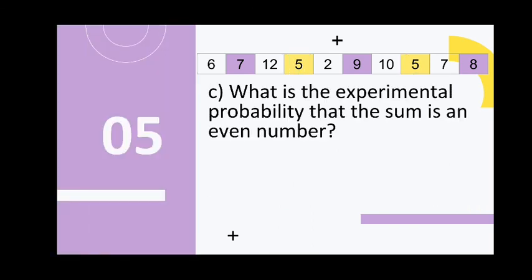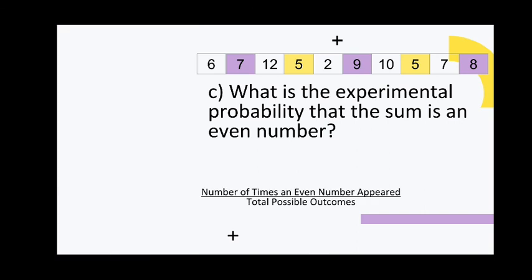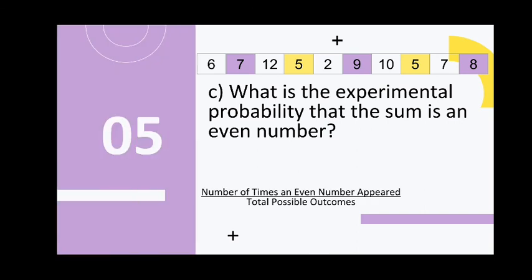Next, what is the experimental probability that the sum is an even number? So again, pag sinabing even number, ang number na ito ay exactly divisible by 2. Now we should know the number of times an even number appeared over the total possible outcomes. Ngayon, i-identify muna natin dito sa given kung ano-ano ba yung mga even numbers dito.